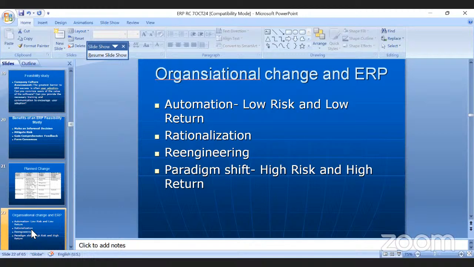Re-engineering is business process re-engineering. It is constructing a new way of doing things, a new way of working. It is like a customized solution for an organization, like a boutique.